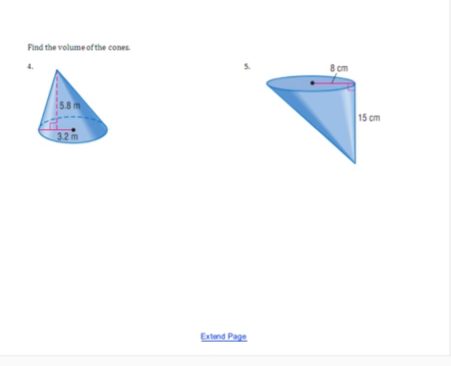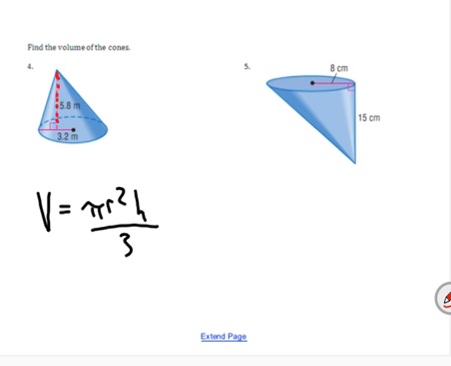Find the volume of the cones. So we just wrote down volume is equal to pi r squared h divided by 3. Good news for me. This dotted one is 5.8. That comes down and makes a 90 with our base, so that's our height. And actually, 3.2 is equal to our radius, so nothing confusing there when you plug all that in.